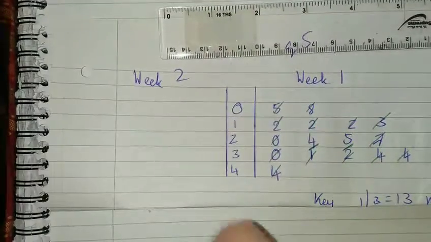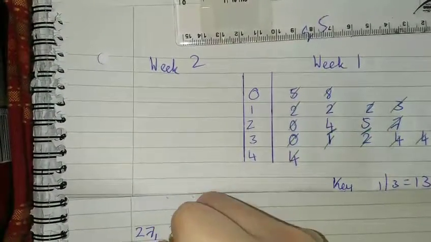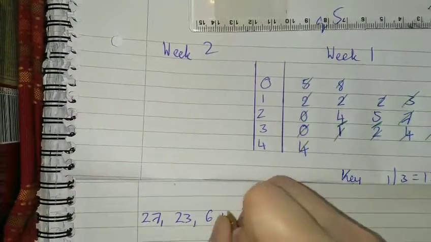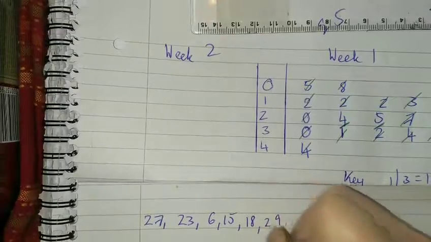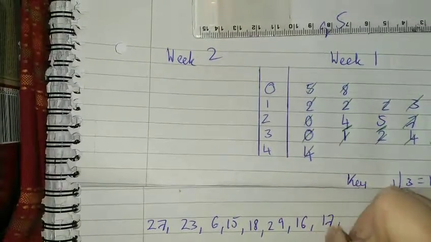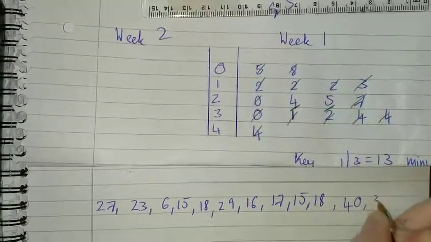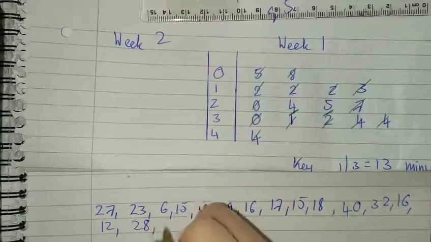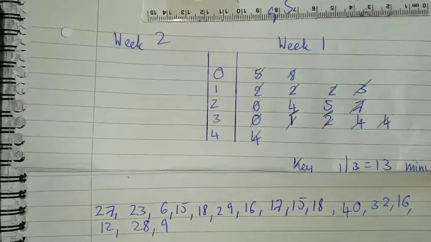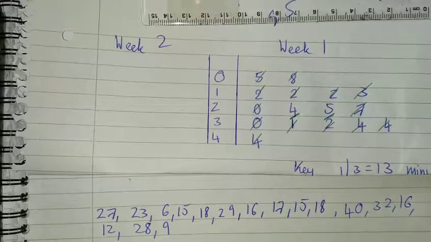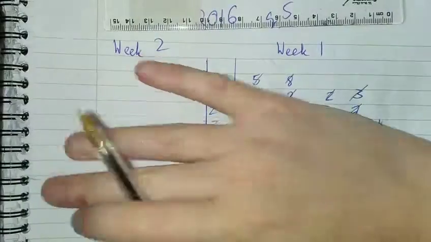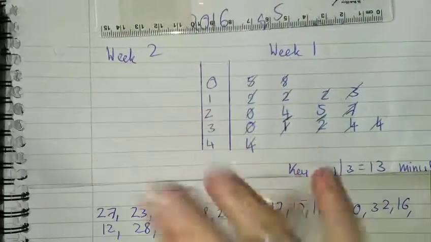So my results for week 2, I have 27, 23, 6, 15, 18, 29, 16, 17, 15, 18, 40, 32, 16, 12, 28, and 9. So first I'm going to have to arrange my values in order.